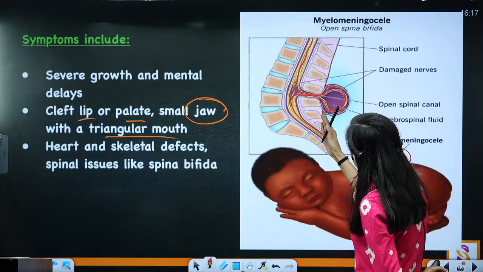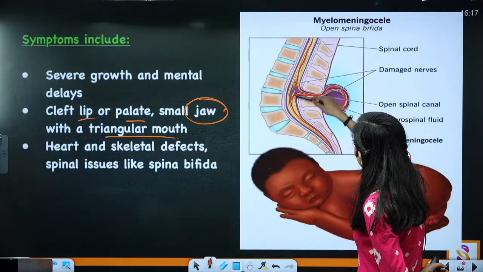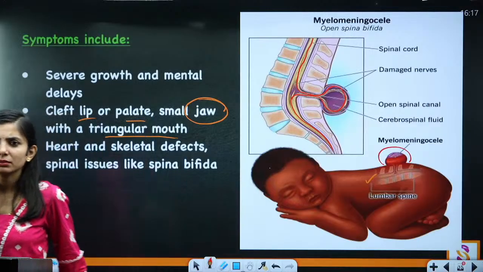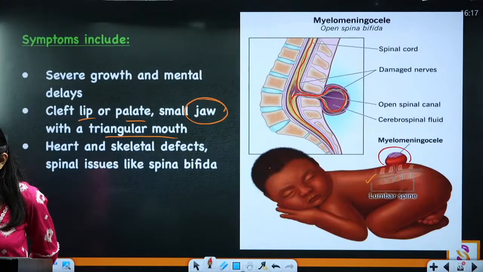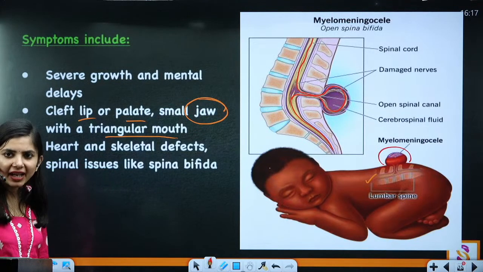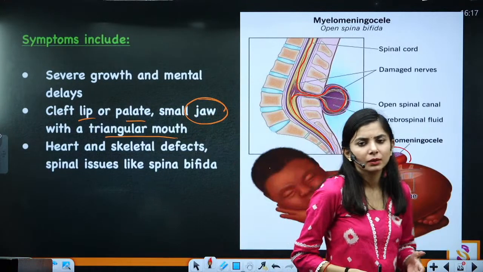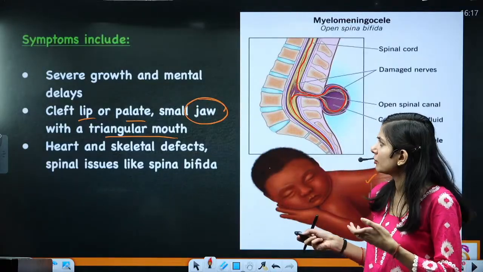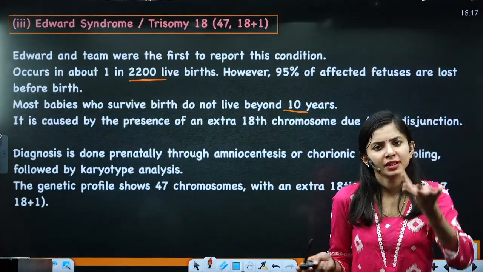So if you want to cut it surgically, you won't be able to, because spinal nerves are attached. Now we have reached the point where we can even think about it, but still it is a kind of neural defect. So it's going to be difficult for the child to survive. Therefore, in Edward syndrome, the child is not able to survive beyond 10 years of age.